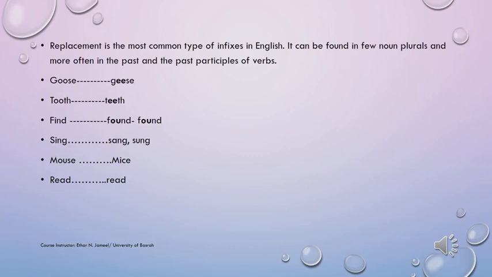The first example is goose. That is changed into geese. Goose is a singular form. Geese is the plural form of goose. We know that goose is not made plural by adding S. We cannot say gooses. We have to say geese because it is irregular. So this change in the vowel from goose into geese is what is called an infix.